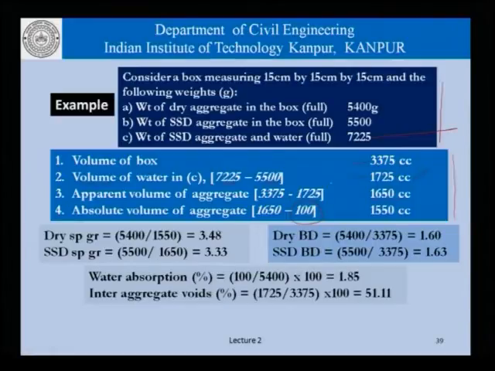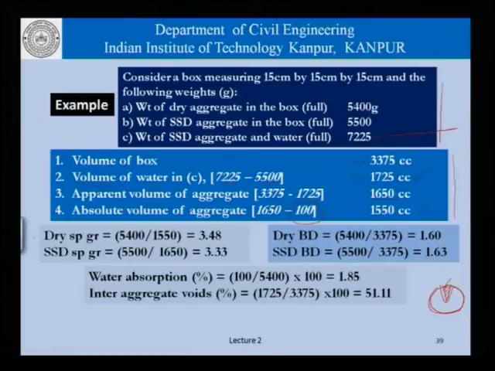So, the apparent volume, which includes the volume of the voids, this total volume is 1650, and if we remove this volume and we just consider this volume, then we have a volume of 1550.